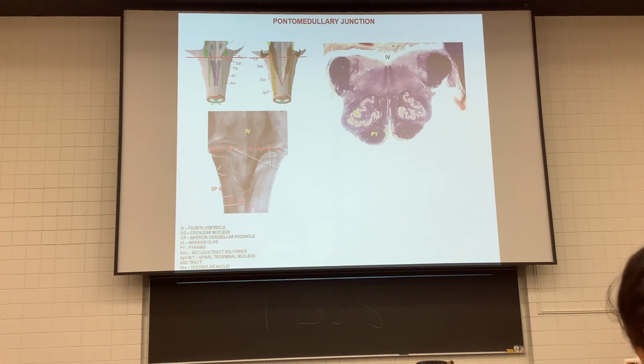Okay, one quick image here. Here we are at the junction of the pons and the medulla. And there's lots of stuff here, and we're not going to talk about it right now. But notice this looks like a little appendage, a little dog ear hanging over the side of the medulla. That's a hint.